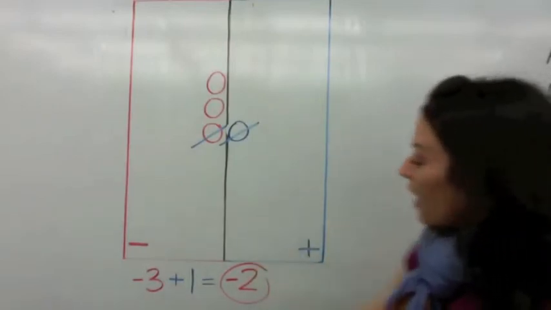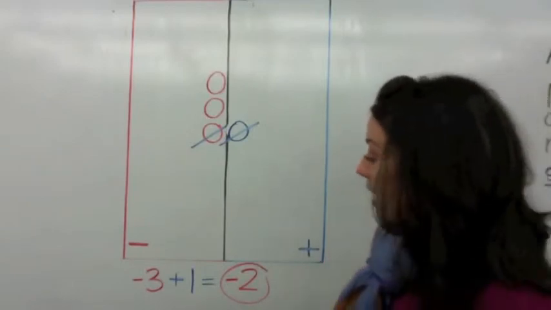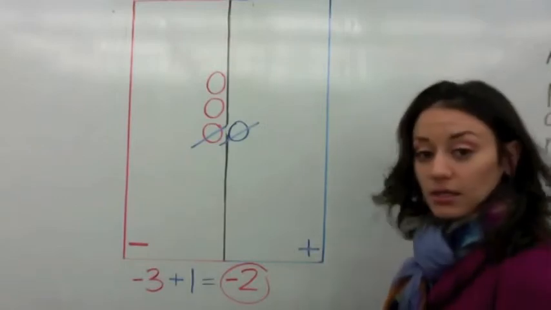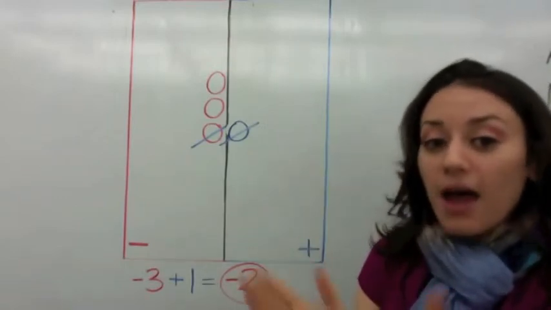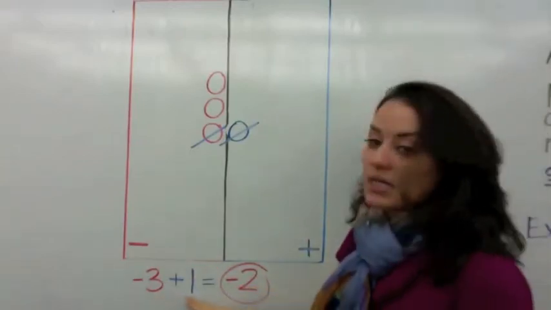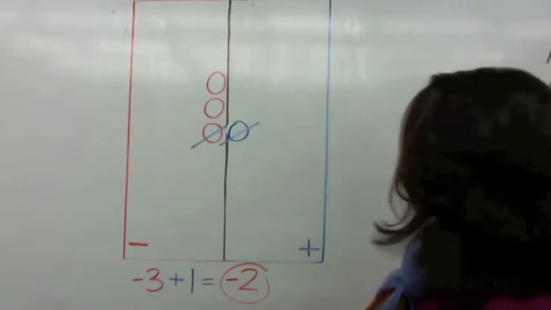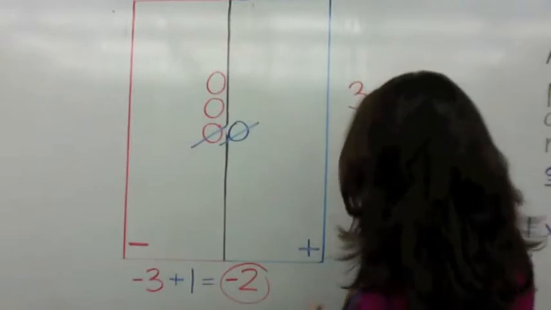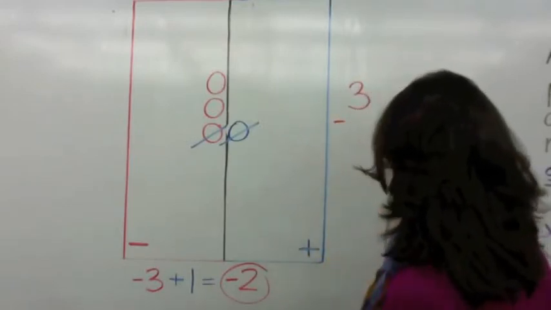Now, if I were to solve this the way that we solved it last week, you have a negative and a positive. Are those different signs? So you say different signs, subtract. Keep the sign of the higher number, then you'll be exact. So if you said 3 minus 1, and I wrote it up and down, like we normally do, 3 minus 1.